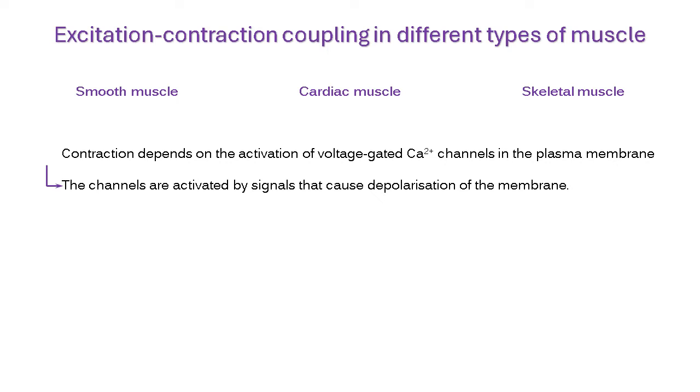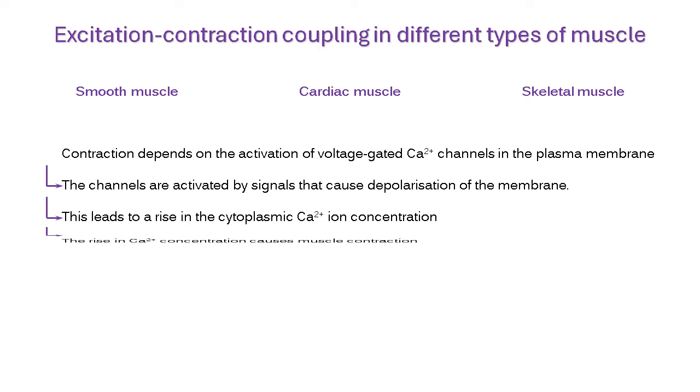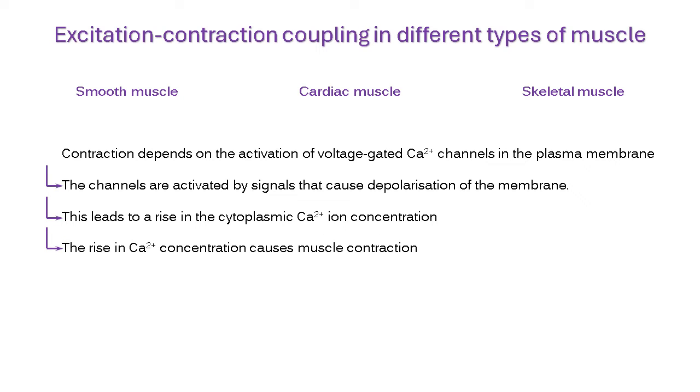Calcium channel activation leads to a rise in the intracellular calcium ion concentration, and that, in turn, causes the muscle to contract. However, the steps between calcium channels being activated and the rise in intracellular calcium ion concentration is different in each of the three muscle cell types.